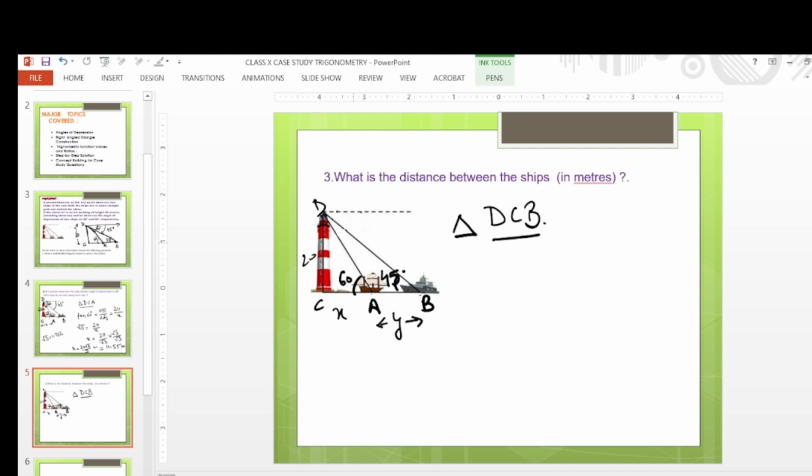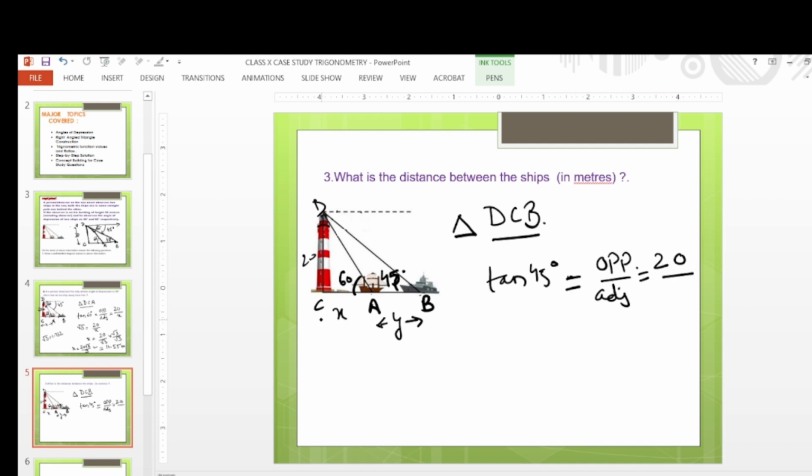So we'll take DCB. Again, we'll take tan 45. Tan 45 only we can take because the hypotenuse is not given. We need to find the base, and this height is given. So tan 45 is opposite upon adjacent. So what is the opposite side? Opposite side is DC, that is 20.